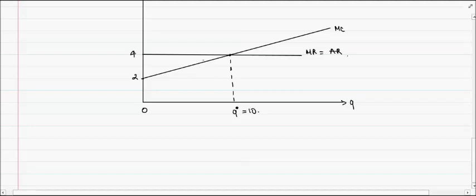The total cost is the area below the marginal cost, up to the quantity Q star equal to 10, starting from 0. So it's going to be this area over here. That's the total cost for the firm.